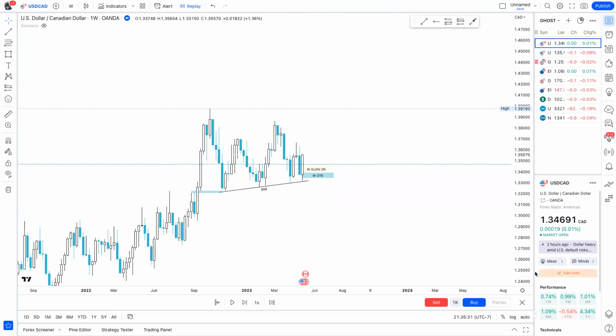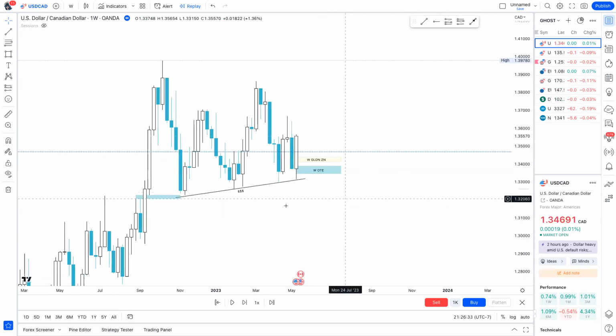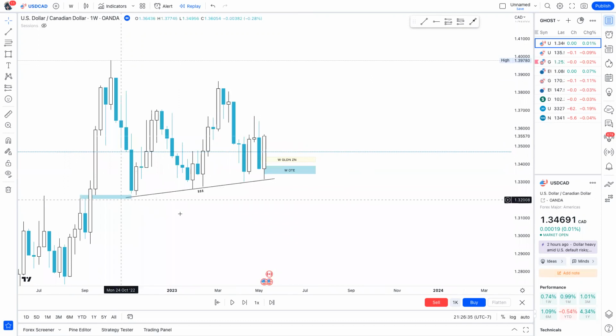So it's very important to have these areas marked because it's just manipulation, right? The retail trader would look at this and say, oh, this is a flag. It's a bullish flag. That means when it breaks structure right here, it's going to keep going up and I should get in for the buy.